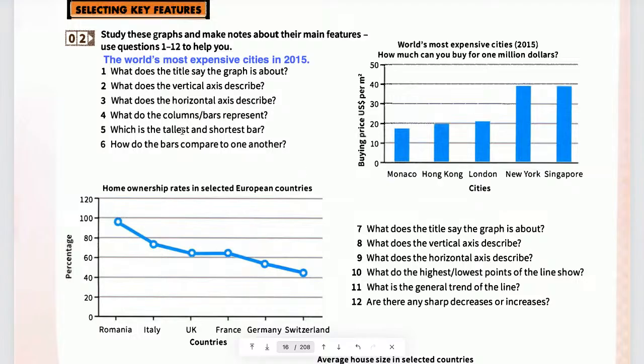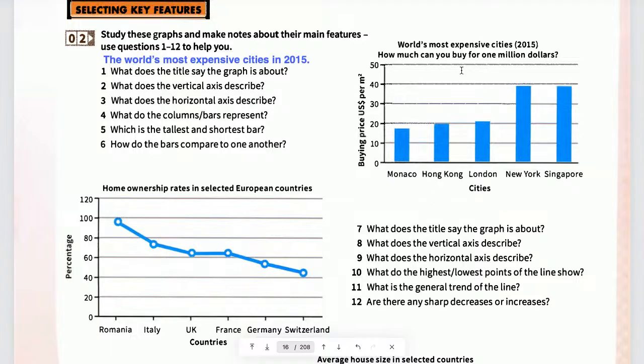Like bread, salad or something? You don't go there to buy ice cream, right? So what is that? The land. Yes, okay.